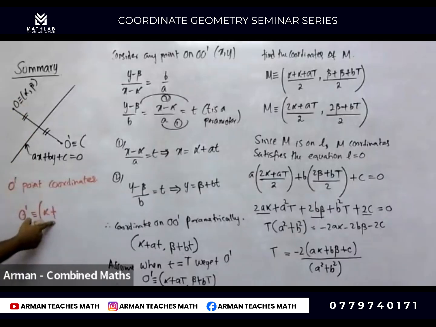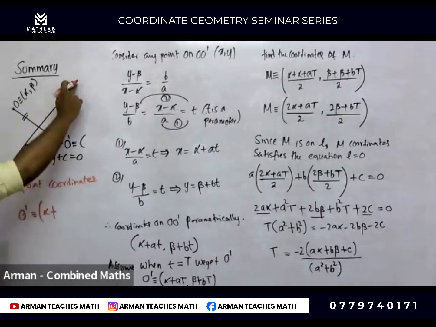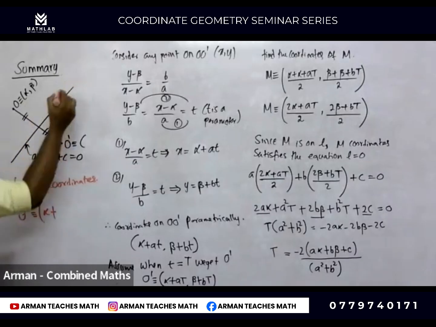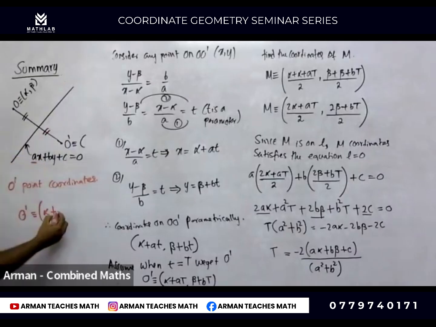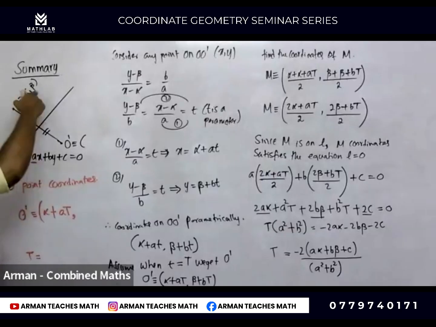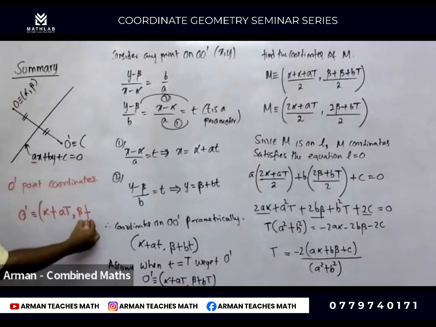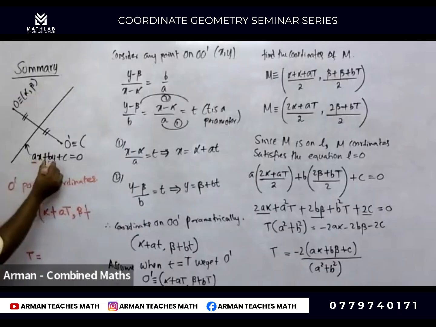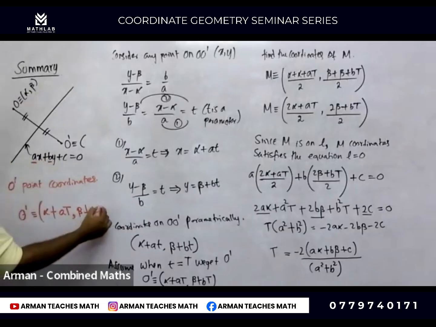Always plus the coefficient of the x term of this straight line, A times capital T. Always try to use capital T or any other letter, and we have to find that capital T separately. Comma, how to take the y coordinate? Y coordinate of the parental point plus y coefficient of this straight line times capital T.